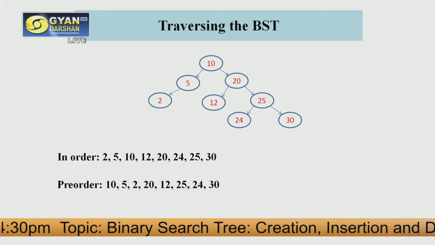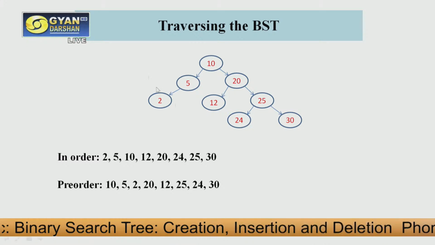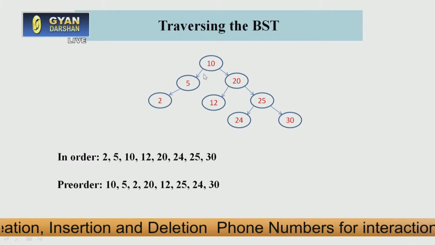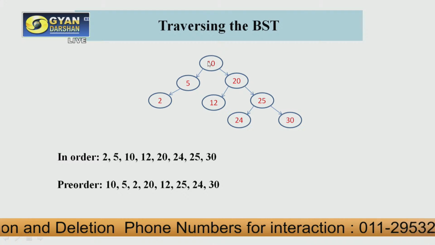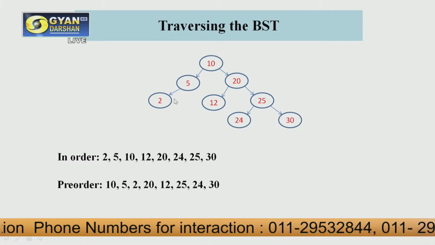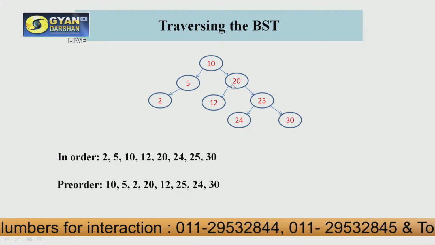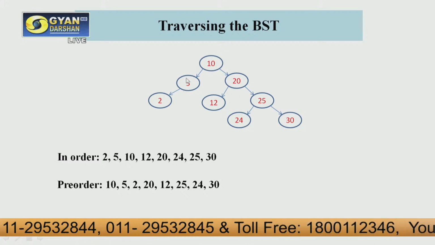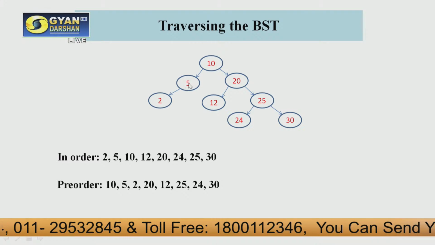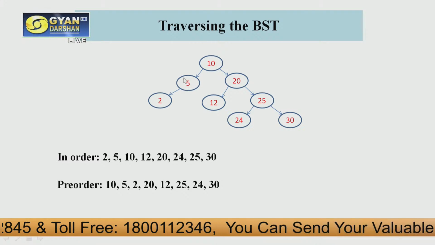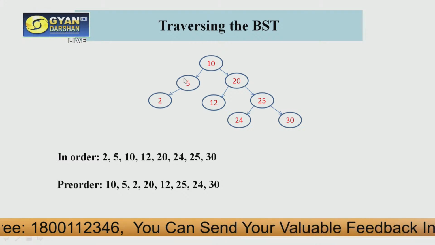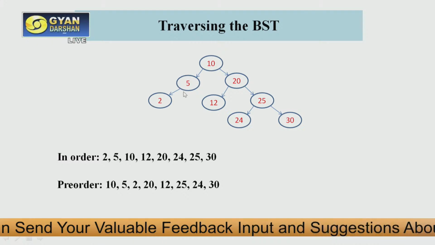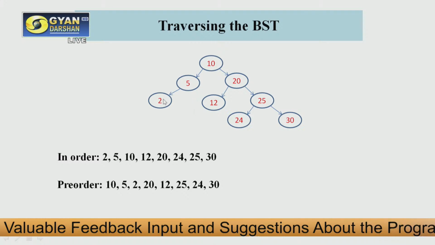So in this case we start from the root and go to the left. 10 will not be printed till all the nodes in its left subtree and right subtree are traversed. Similarly, when we reach 5, the left child of 10, this 5 will not be printed or accessed till all the nodes in its left subtree and right subtree are traversed.